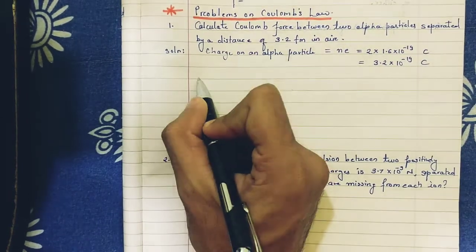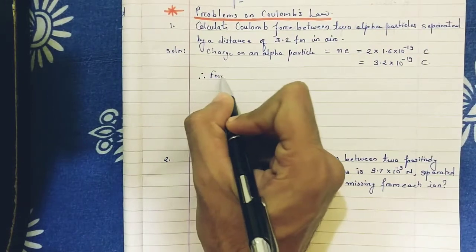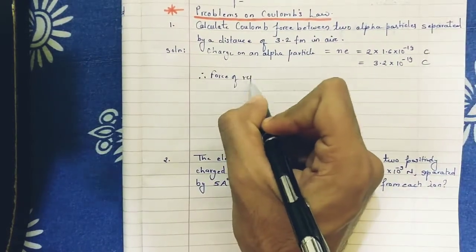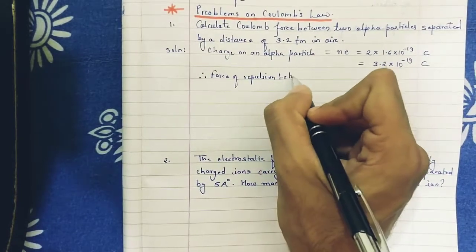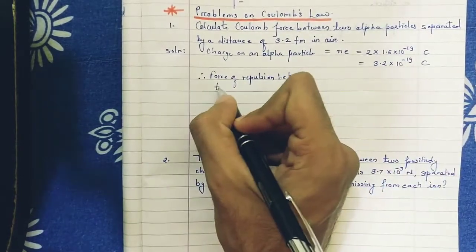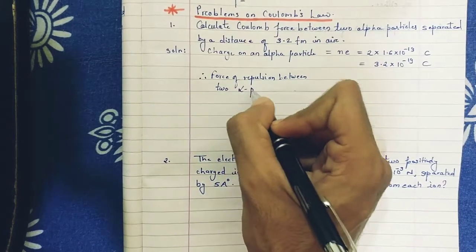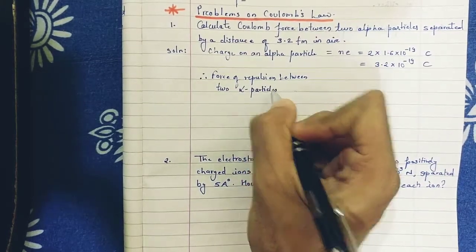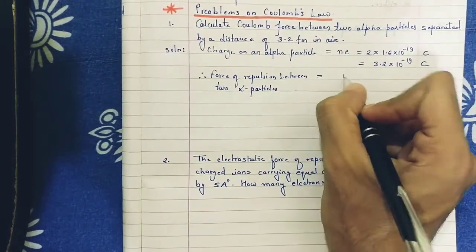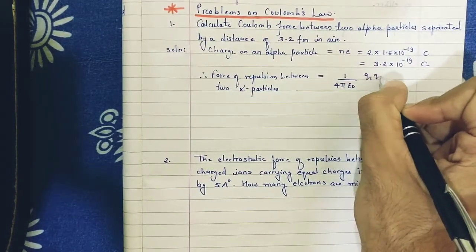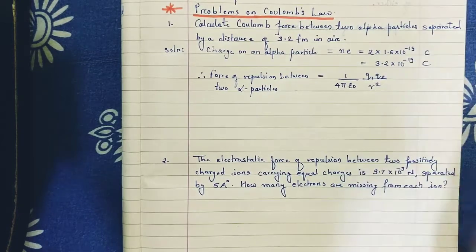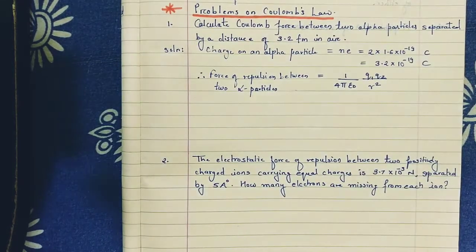Therefore the force of repulsion between two alpha particles will be given by the formula F is equal to 1 upon 4 pi epsilon naught Q1 Q2 upon R square. This is Coulomb's force.